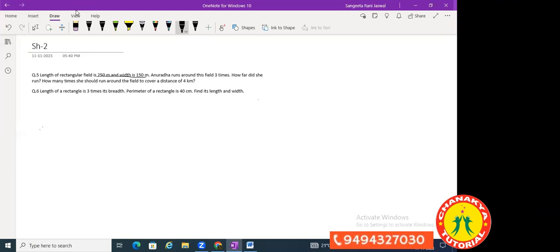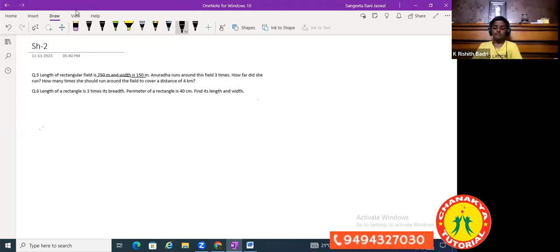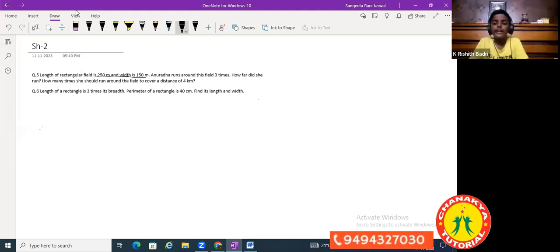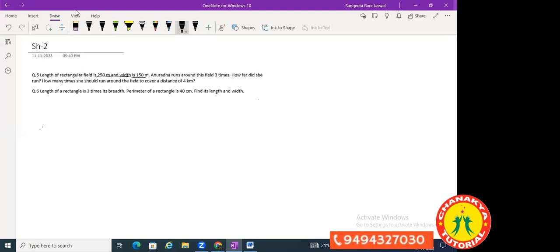How many rounds should she take? So the length and breadth are given. Anuradha runs around this field 3 times. How far did she run? So you have to find out the total distance. We need to find the perimeter and multiply it with 3. So do it first. Find the perimeter.